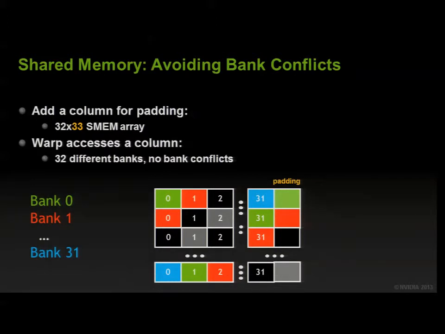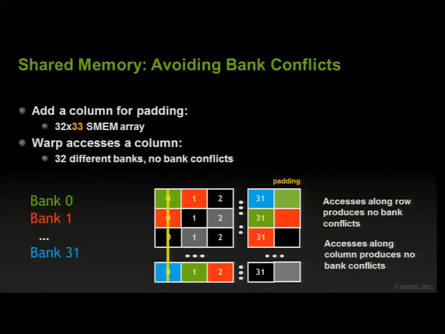Maybe I should do something about it. And the resolution in most cases is just something similar to this. You want to make sure that, for the shared memory access patterns that you need in your code, you have disjoint memory banks that you're accessing.